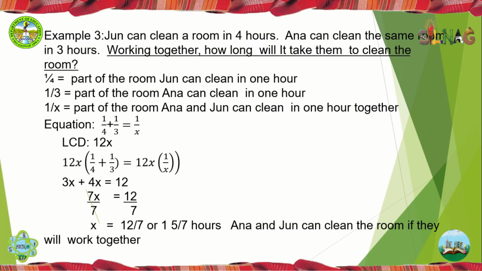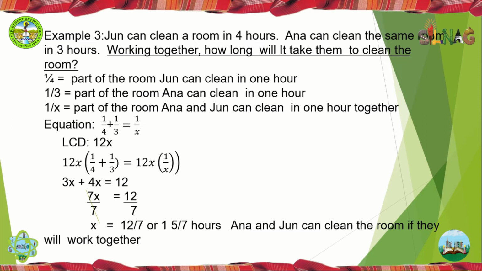So it is 1/3. If x is the number of hours they will finish the room working together, what part of the room can Anna and June clean in 1 hour together? So it is 1 over x. So now you have to formulate the equation by translating the underlined statement into an equation.